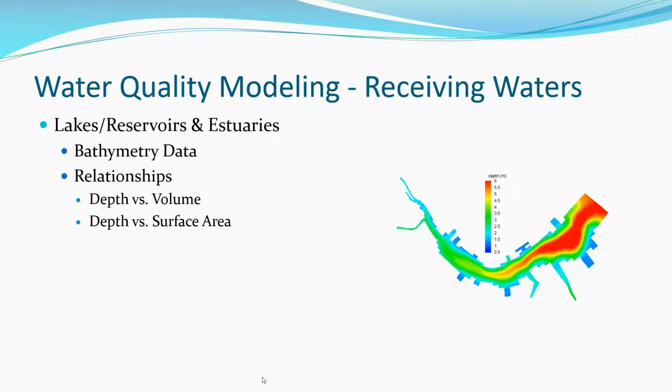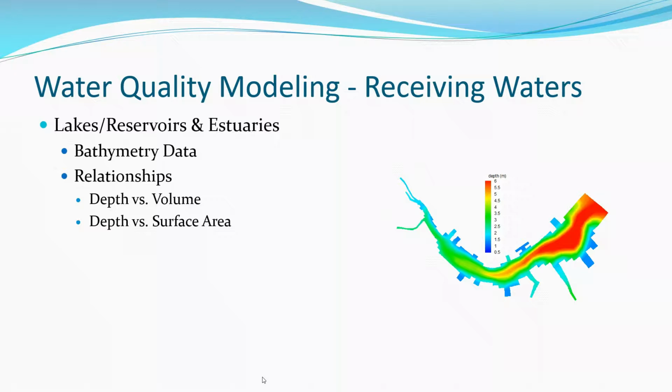If you're simulating lakes, reservoirs, or estuaries, you're going to need to find bathymetric data and also develop relationships between depth and volume, depth and surface area. Most of the data for lakes, reservoirs, and estuaries is not readily available from a single data source.